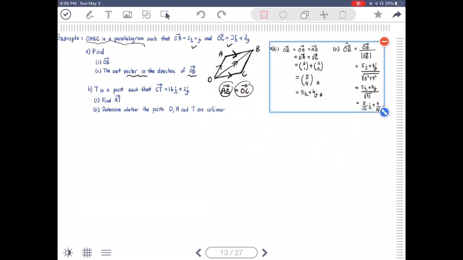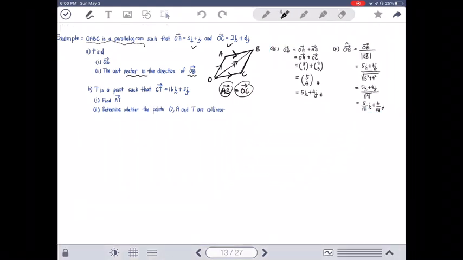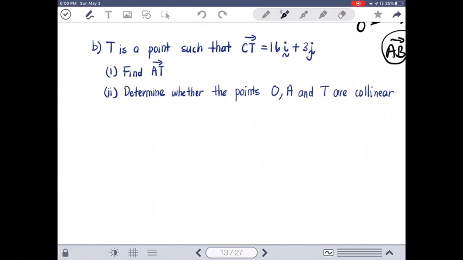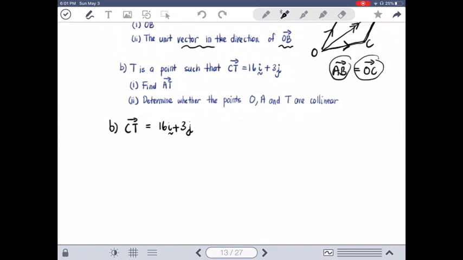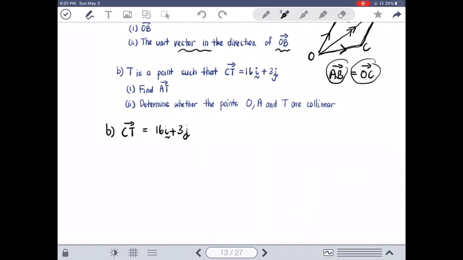So we've done question A. Now we move to question B. Given that vector CT is equal to 16i plus 3j, we want to find AT.